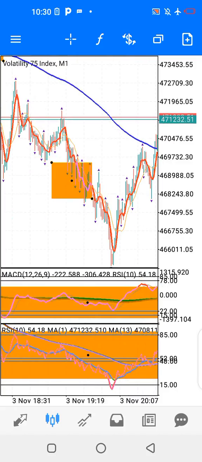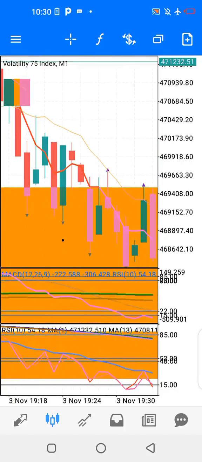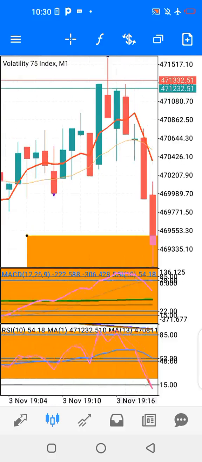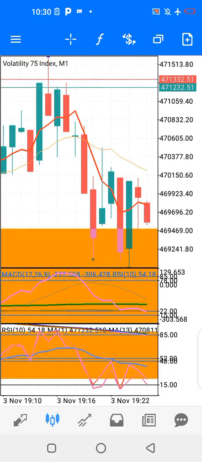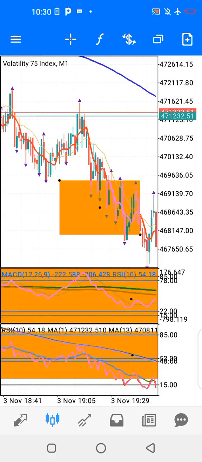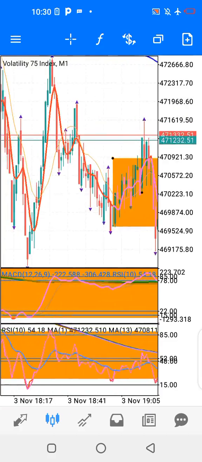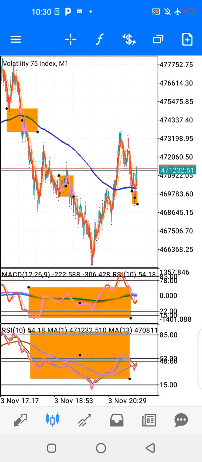If I zoom in, you can see a cross here, another cross here. It's noisy, it gives me some kind of noise. It's not as elaborate as the red line crossing the blue line. So to avoid all this noise, I don't really consider the 13 moving average, but it's just there.